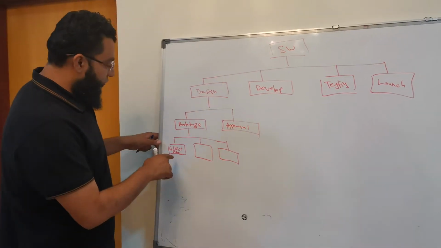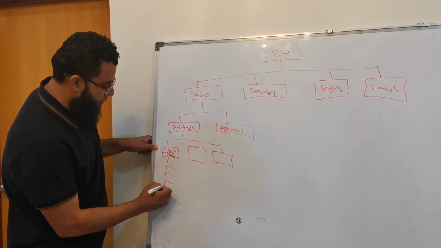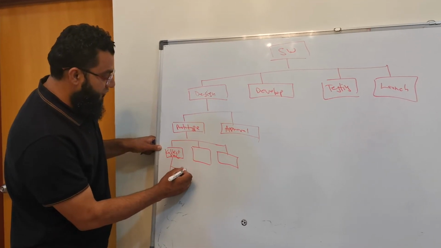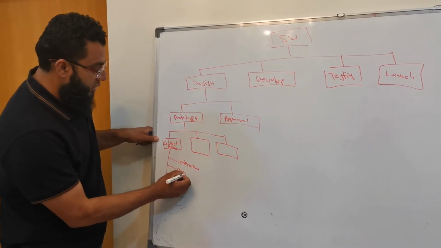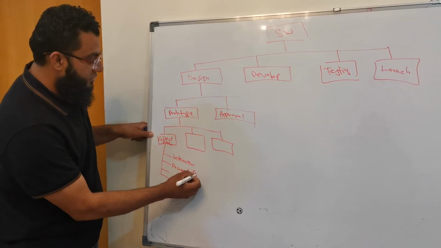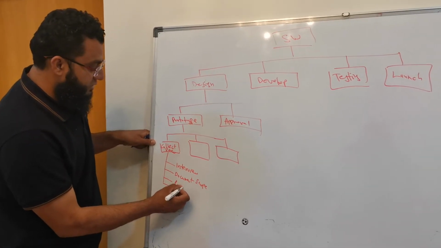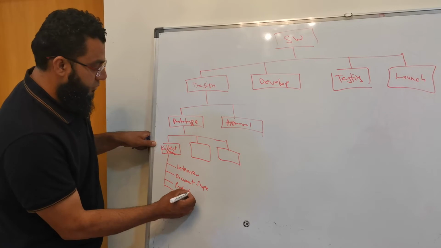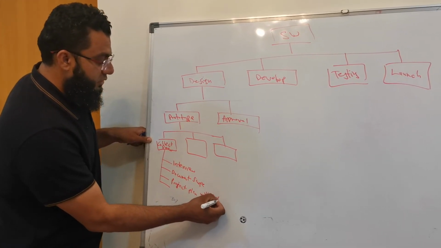Now for these requirements, I will do activities 1, 2, 3, 4. I will do interviews with my stakeholders. I will document the scope. I will also prepare a project plan with deliverables.